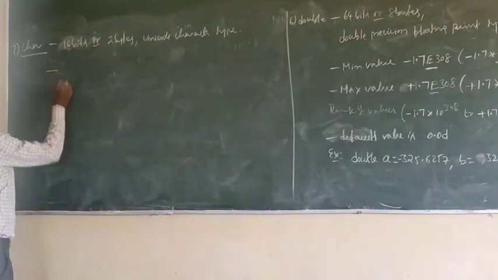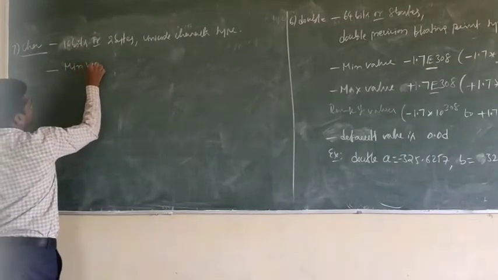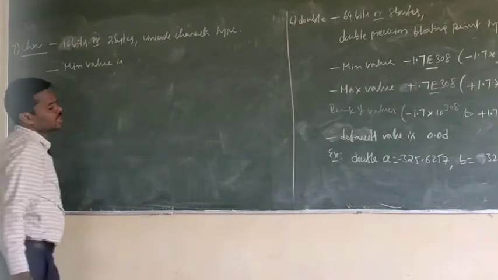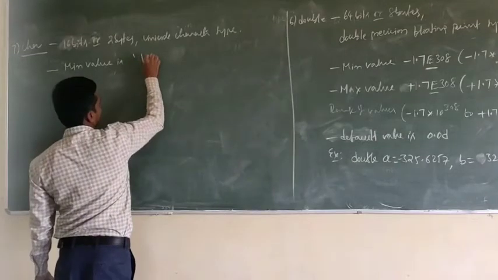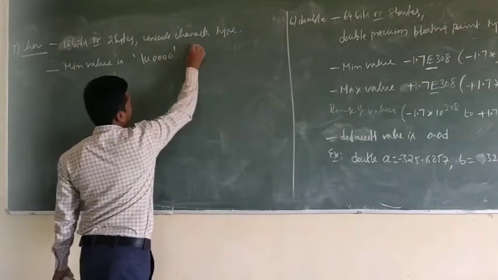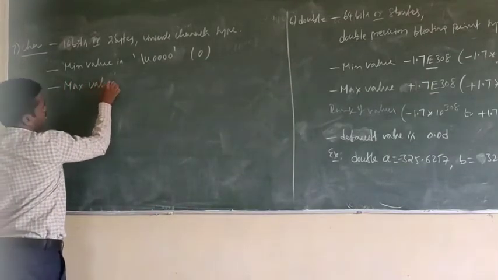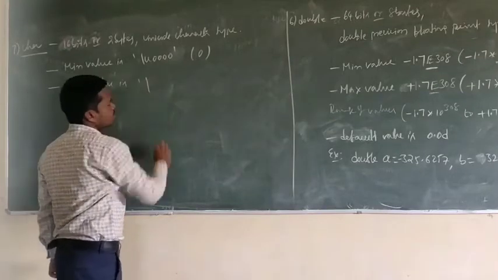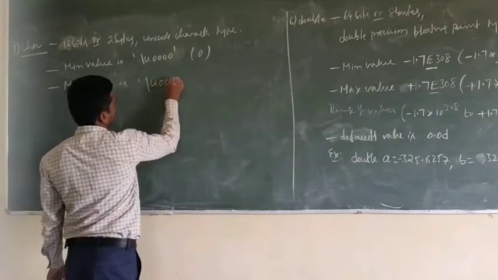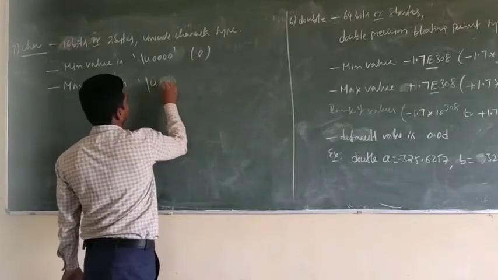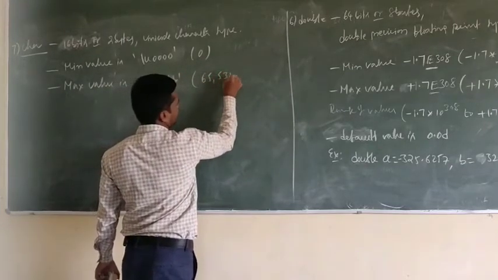So what is the range of values? Minimum value and maximum value. See the character data type: the minimum value is \u0000, so that is 0, and the maximum value it can store is up to 65,535.